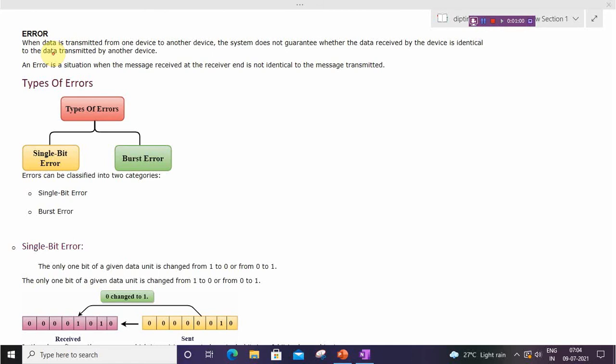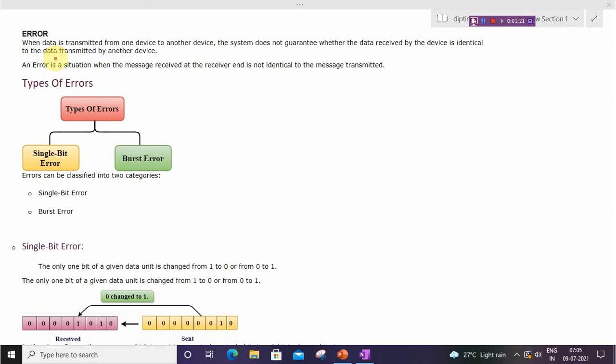First of all, what is error? Error means when data is transmitted from one device to another device, the system doesn't guarantee whether the data received by the device is identical to the data transmitted by the other device.